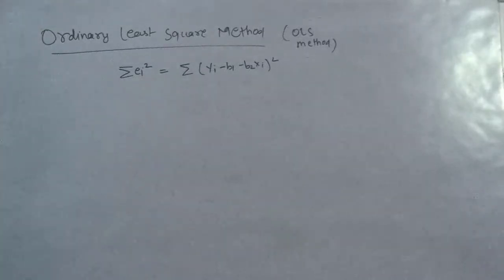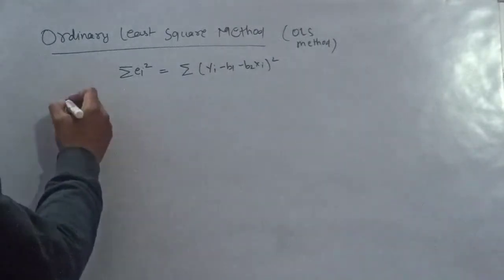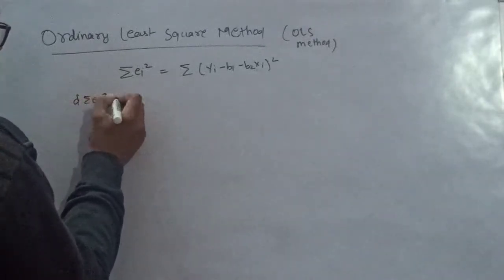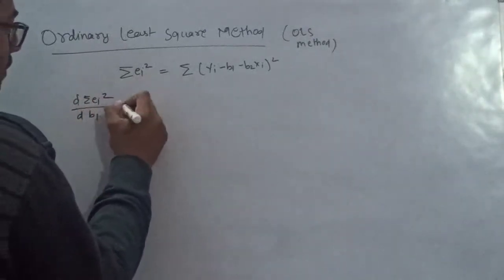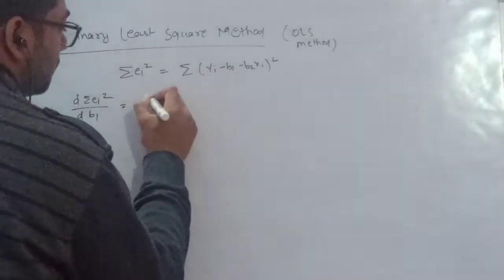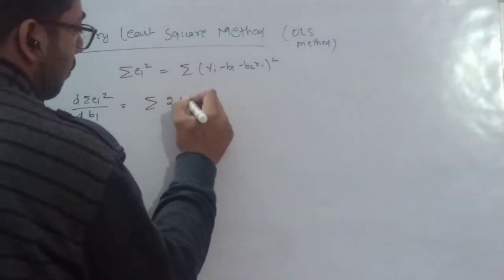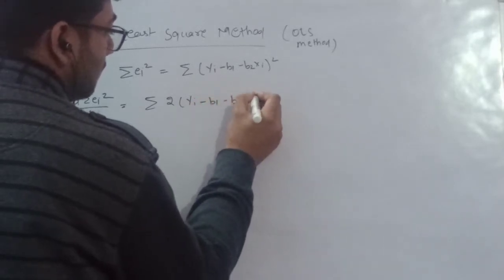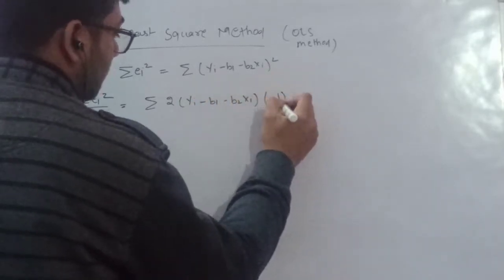So first differentiate it with respect to b1: summation 2 times (Yi minus b1 minus b2 Xi) times minus 1.